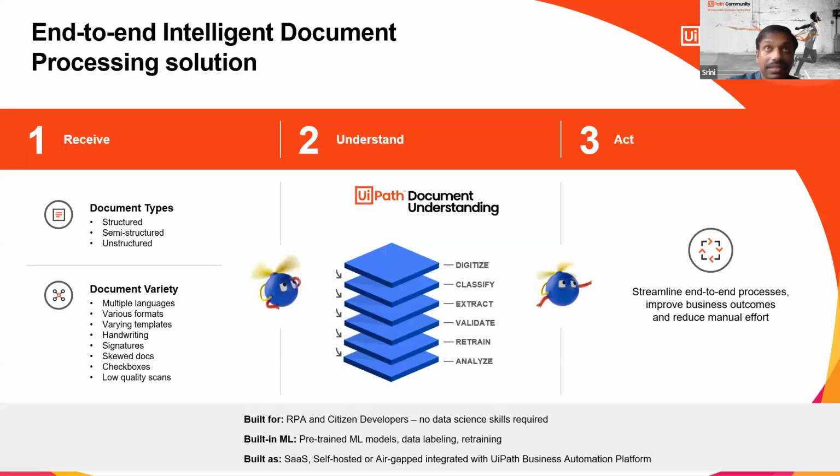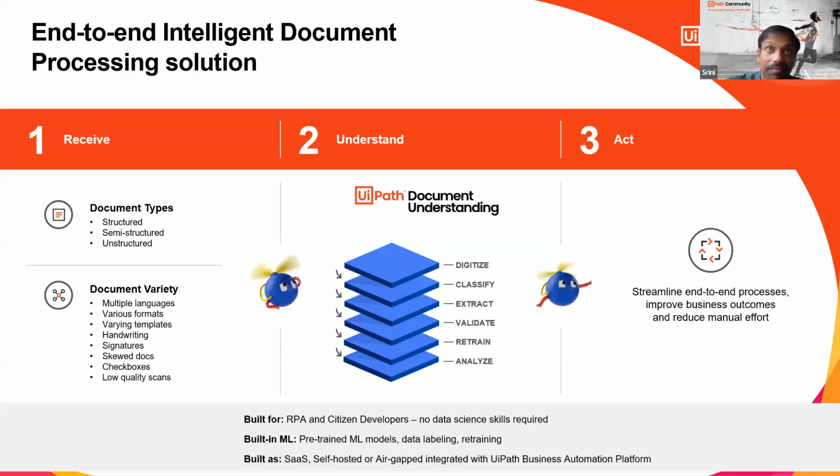And the next step is that it has to understand, right? So it can understand these types of documents, and based upon that, it can digitalize the document, classify the document, extract the key information, and validate.